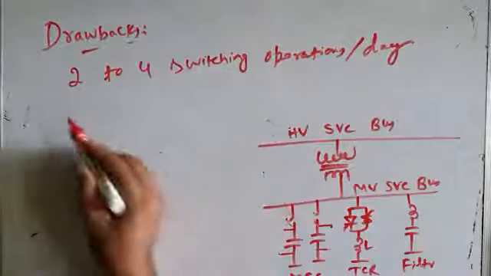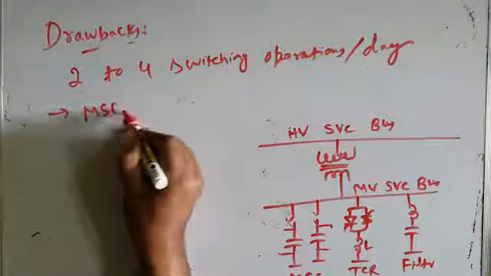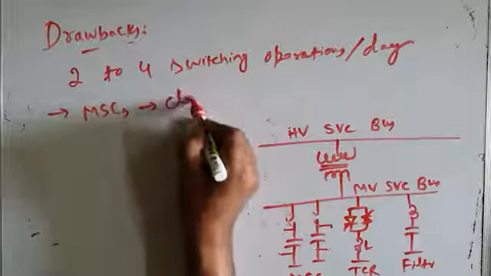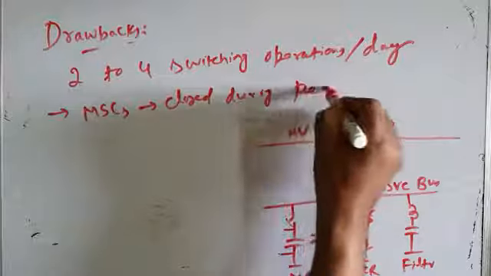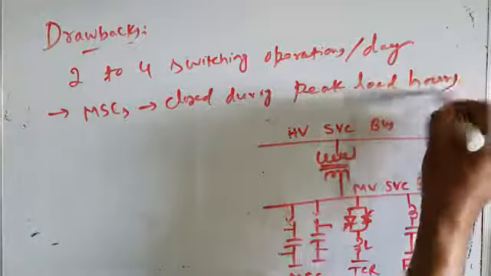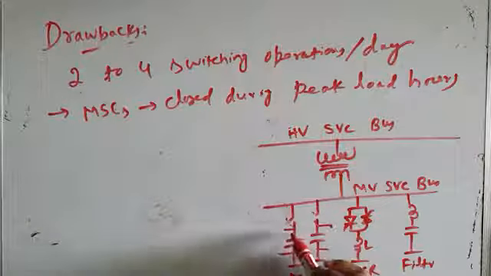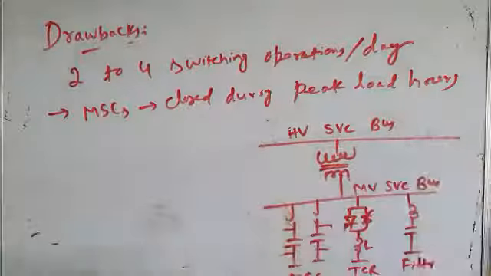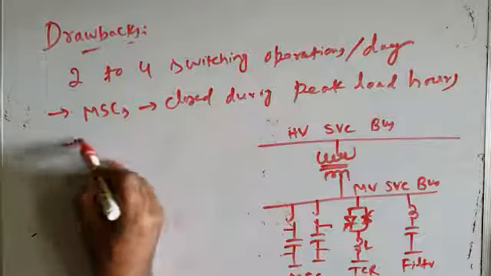Generally these capacitors, mechanically switched capacitors, are closed during peak load hours. Because during peak load hours, most of the industrial load is connected and demands reactive power, and that reactive power is generated and injected into the transmission line by these mechanically switched capacitors. And during light load hours, they are opened.